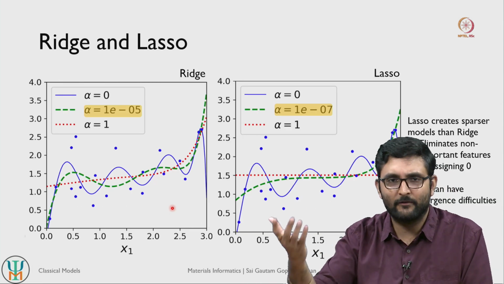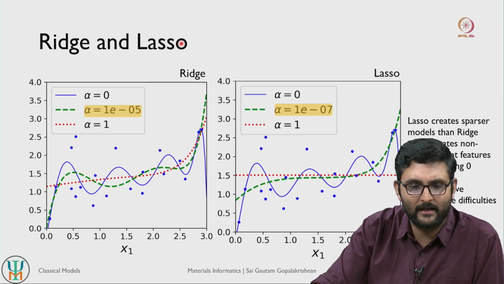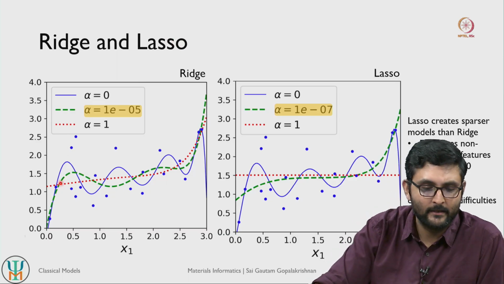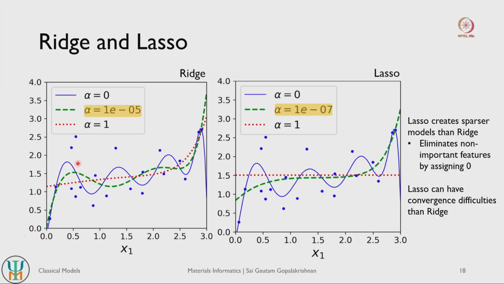So let's look at some visual examples of how ridge and lasso work in practice. I am once again plotting a target value y as a function of your feature values x here. The blue dots represent the collection of data points. If you do not regularize your model at all, so if you use alpha equals 0, the left plot is for ridge regression, the right plot is for lasso.